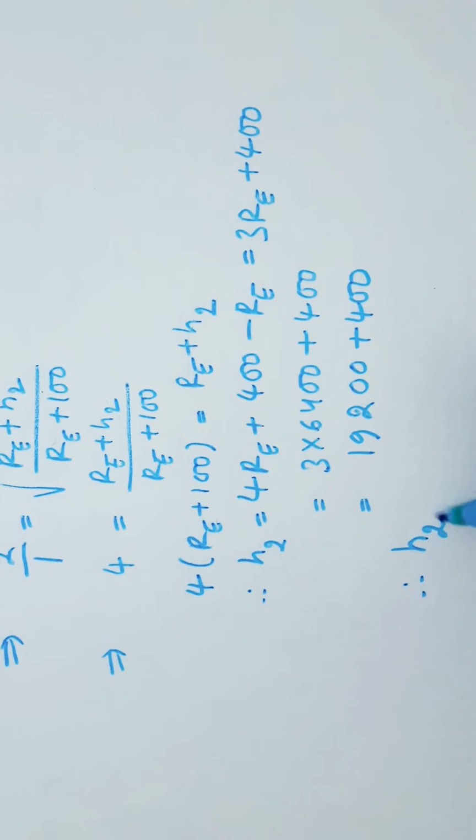Therefore h2 is equal to 19,600 kilometers. So the height of the second satellite is 19,600 kilometers.